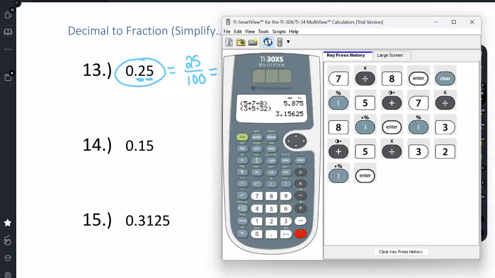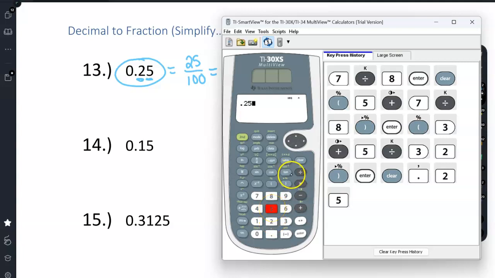So once again, depending on which calculator you have, the steps may be different. I'll be glad to help you. If you want a TI-30 for this class, this will be the one that I use for the entire semester. You don't have to have it, but it may make things a little bit easier if you do. So for this one, I have 0.25, and I could have written the 0 in front, but didn't have to.